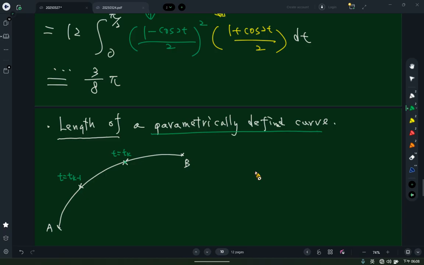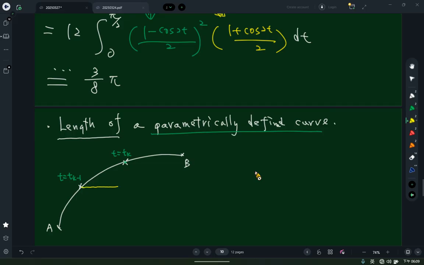Then, of course, we have t0, t1, t2, t3, and so on, to t_{k-1}. Then t_{k+1}, t_{k+2}, and so on, right? So we just divide it into many small pieces. Then we just focus on this piece.